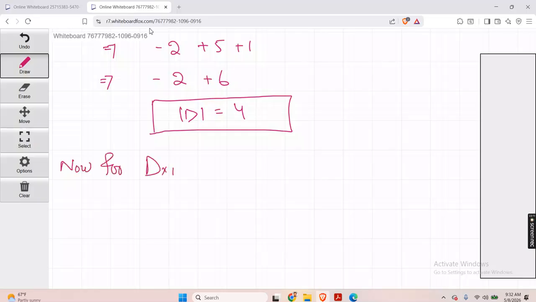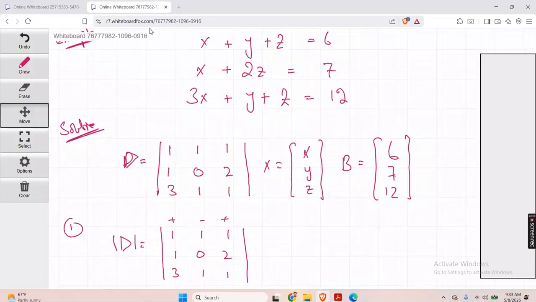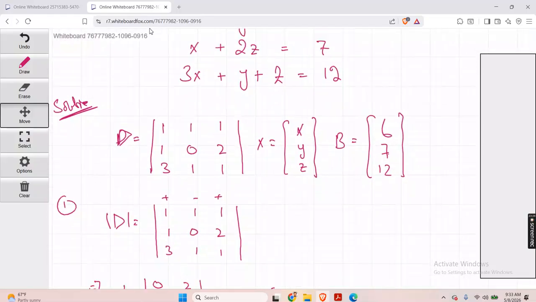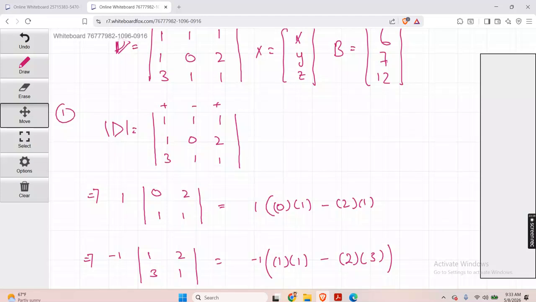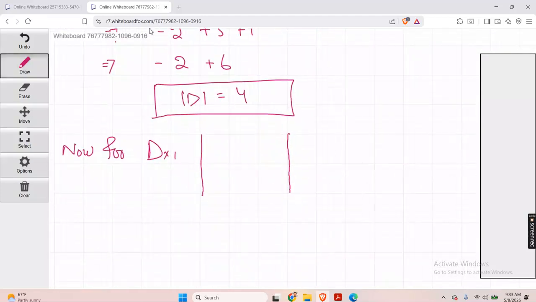Now for dx1, the first column will change with this one, 6, 7, 12, and the remaining will be the same: 6, 7, 12, 1, 0, 1, 1, 2, 1.